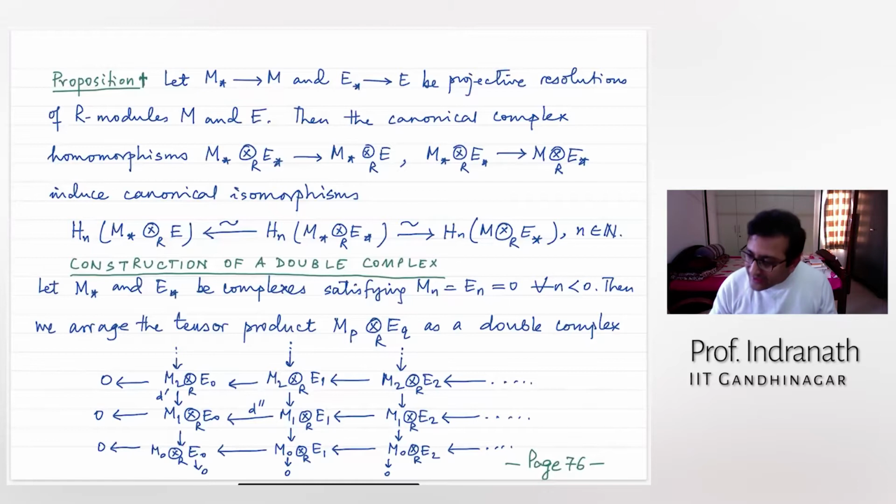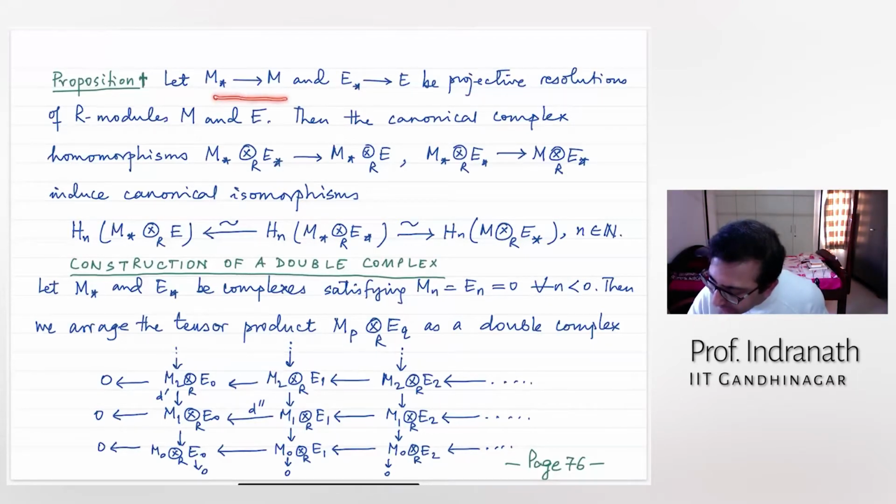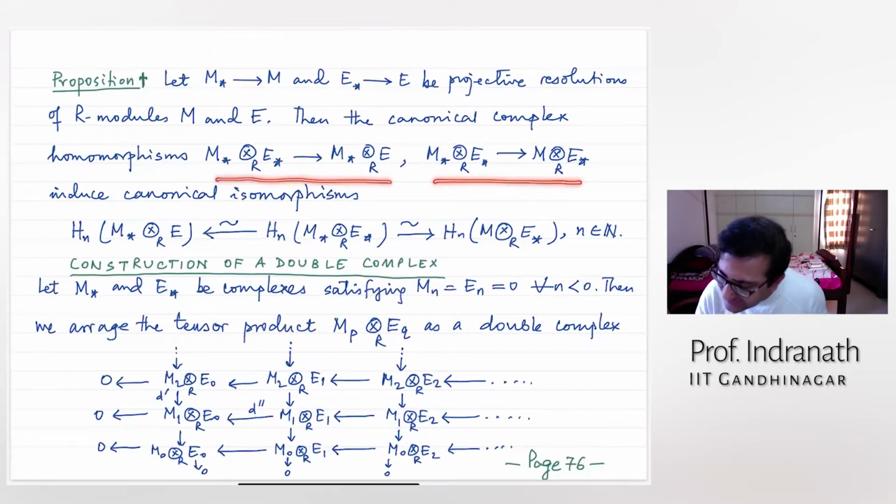But you can do it with respect to either argument as well. So this is the proposition: if M star and E star are two projective resolutions of M and E, then the canonical complex homomorphisms induce canonical isomorphism at the level of homology.